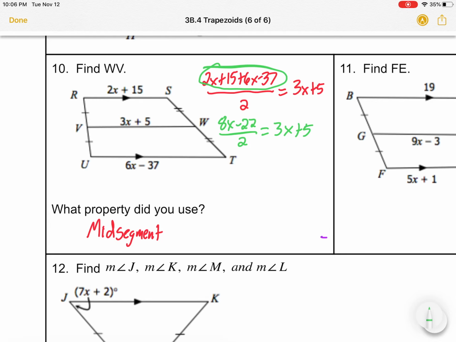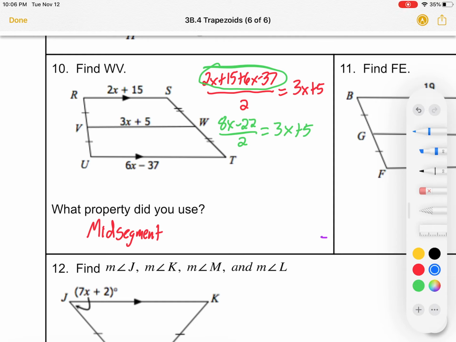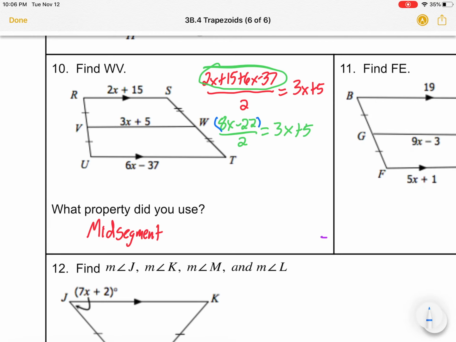Okay, now you have a decision to make. You can either divide this by 2, or you could do the opposite of dividing by 2 and double the right side. Don't do both. You just need to pick. So if you divide it out, you'd get 4x minus 11 equals 3x plus 5.